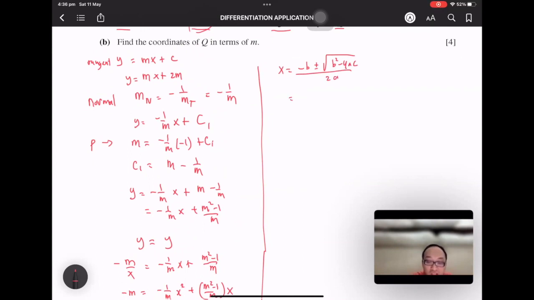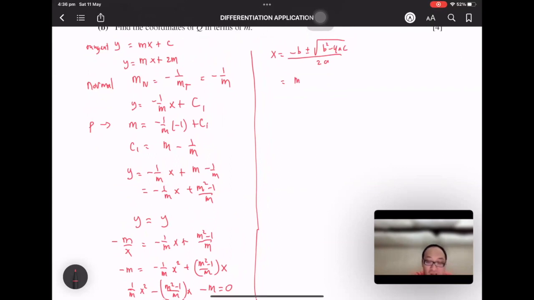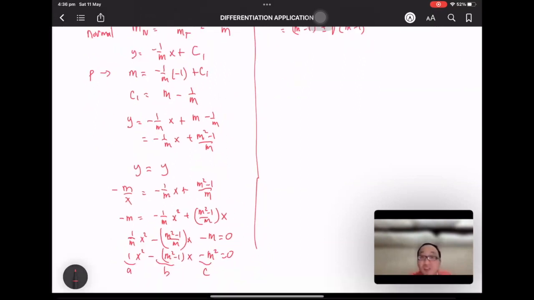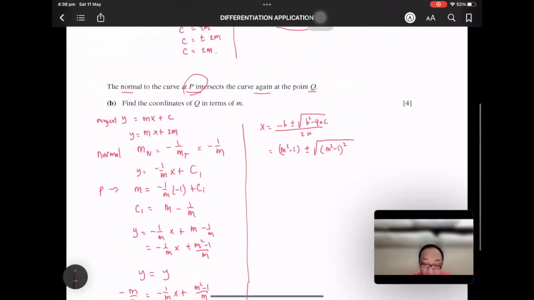So negative b is negative m squared minus 1, so it's m squared minus 1 plus or minus the square root of b squared, so it's m squared minus 1 squared. I ignore the negative in b because it's being squared. It's supposed to be negative, but it's being squared, so it will be positive.